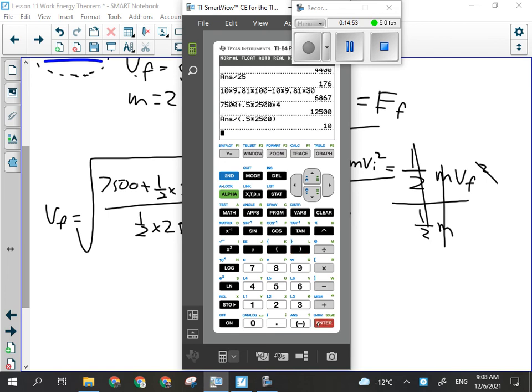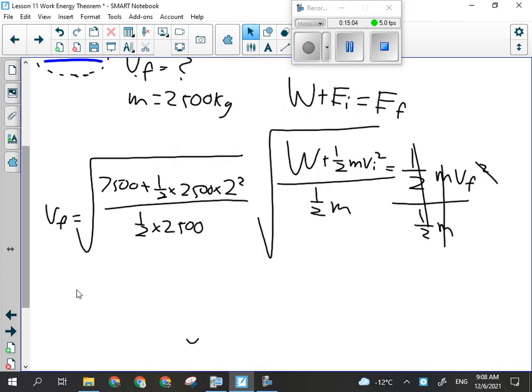And then I'm going to take the square root. Okay, 3.16 meters per second would be our final velocity. Our final speed, I should say. Everybody all right with that?